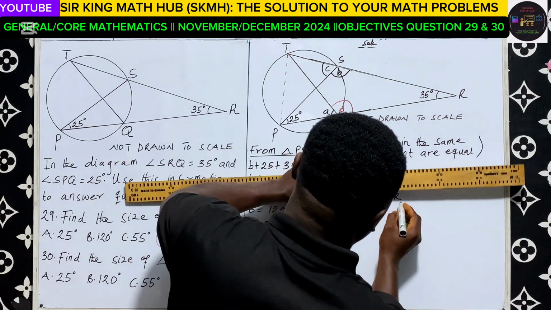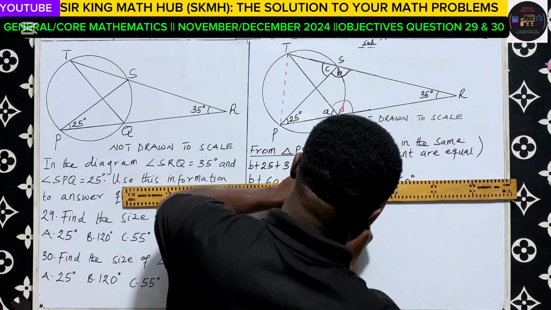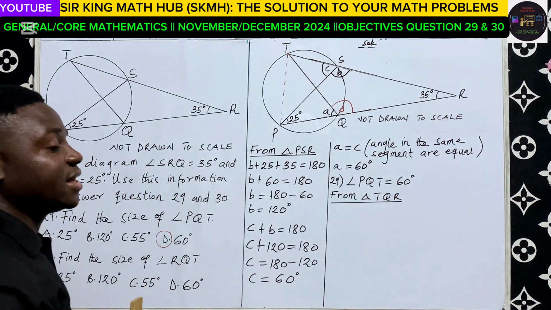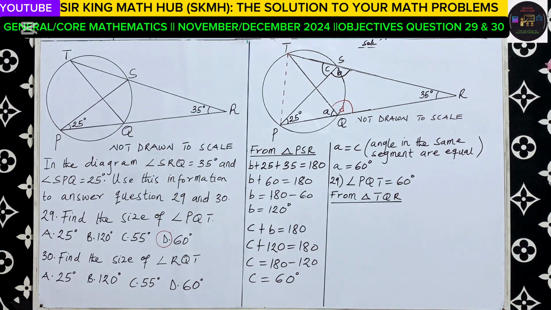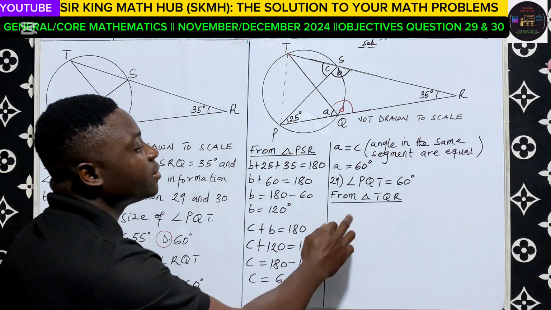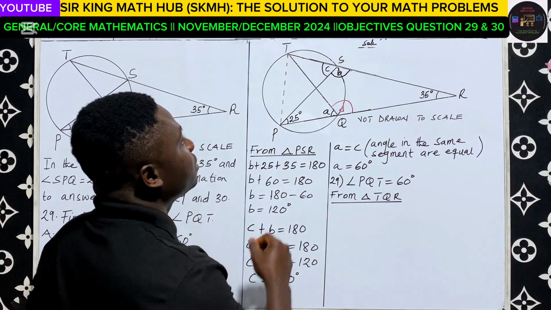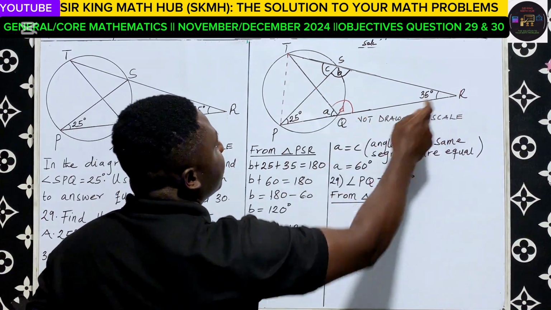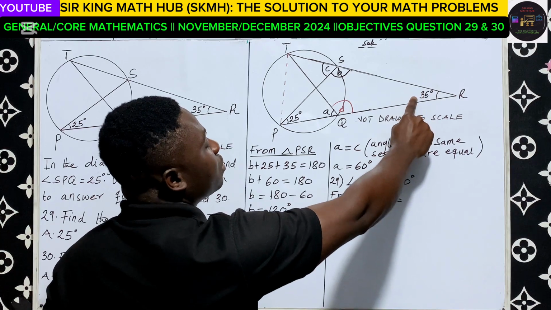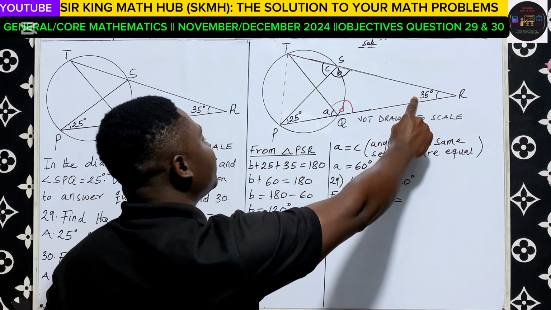We know that the sum of the interior angles of a triangle is 180 degrees. So let's identify the three interior angles in triangle TQR. We know one interior angle measuring 35 degrees.